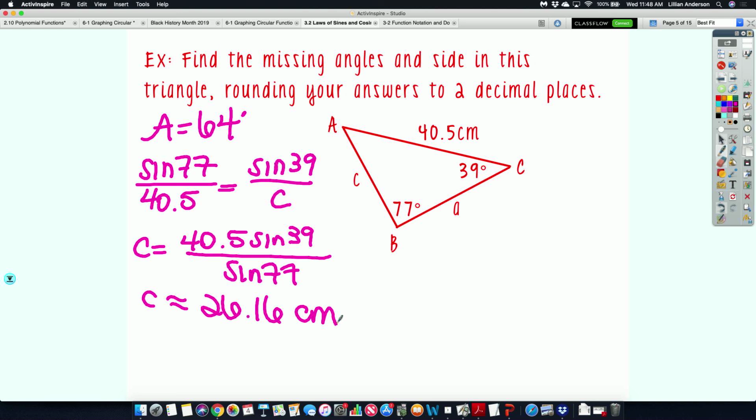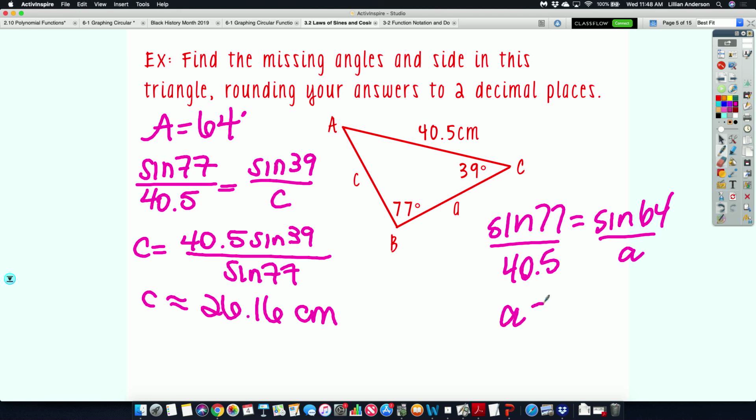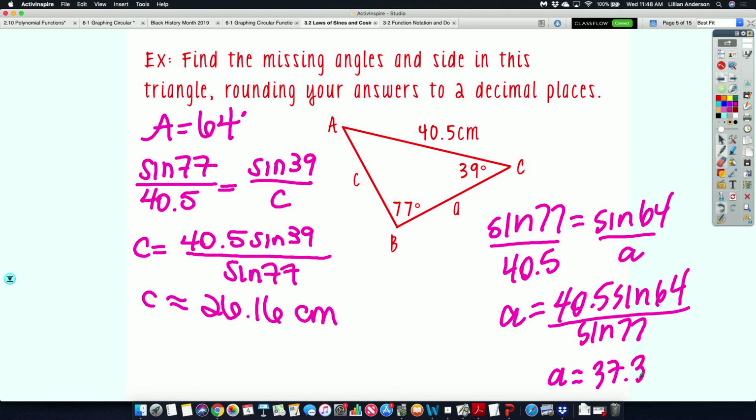Sine 77 over 40.5 equals sine 64 over A. When I cross multiply and divide, what'd you get? 37.36 centimeters. Yes? Wonderful. Okay.